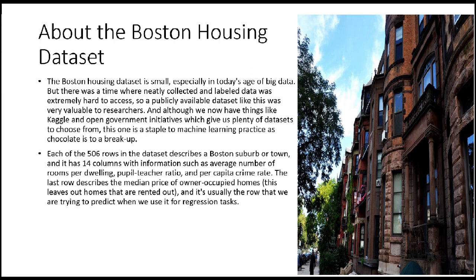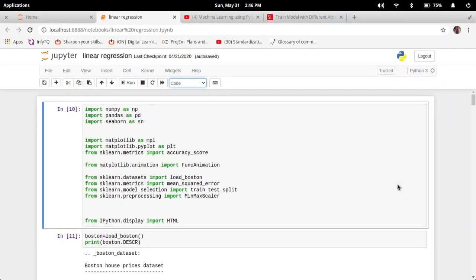There are 506 samples and 13 feature variables in this dataset. The objective is to predict the prices of the houses using the given features. So let's get started. First, we'll import the required libraries.